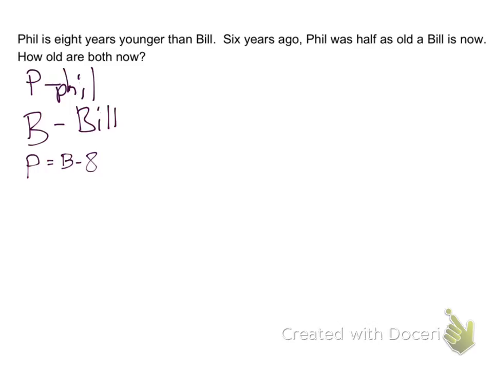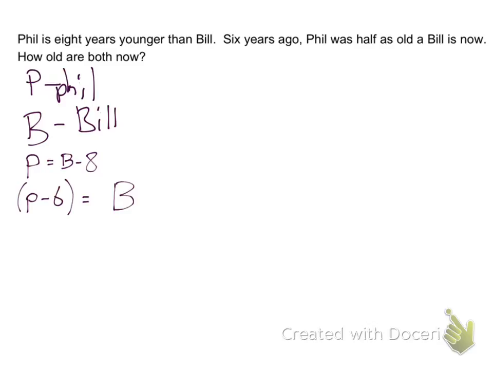Okay, next one. 6 years ago, Phil was half as old as Bill is now. So, 6 years ago, so Phil 6 years ago, right? Phil 6 years ago is being compared to Bill now.